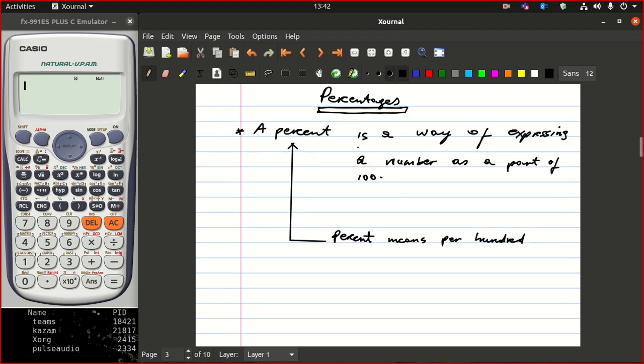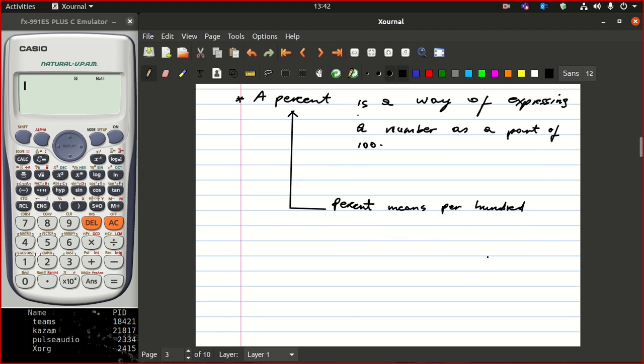Let's look at what the percent actually means. Maybe if we look into that, we'll be able to give it context. Let me look for an example here. It is a meaning behind a percentage.